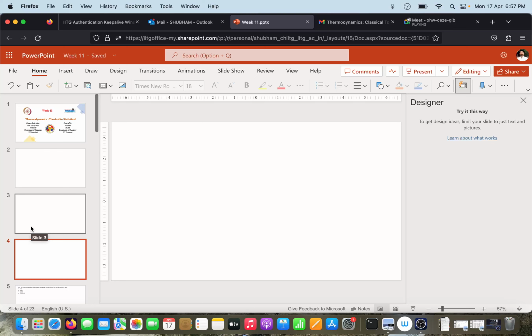So this is the answer, and the unit we know is joule, since we are taking SI unit. So answer D is correct, 7.53 into 10 to the power minus 19 joule.